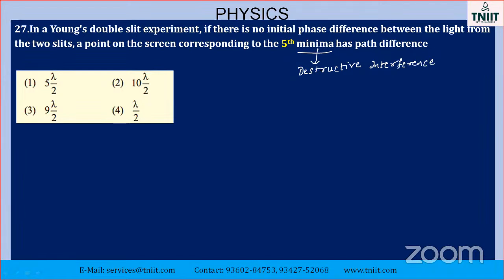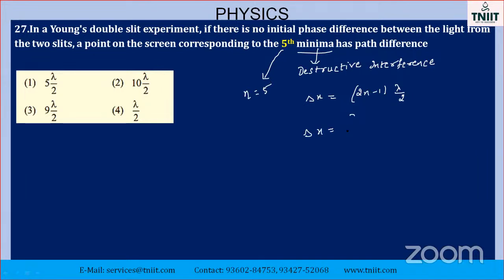So what is the path difference for destructive interference? Path difference is given by (2n minus 1) into lambda by 2. Which minima are they talking about, Tanushree? Fifth minima, no? So n is equal to how much? 5.